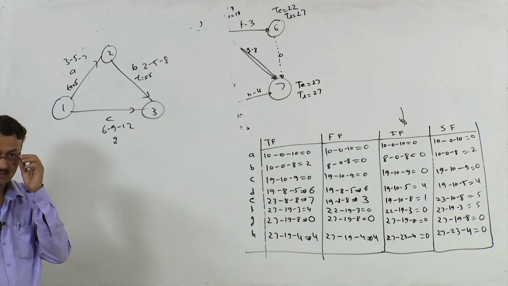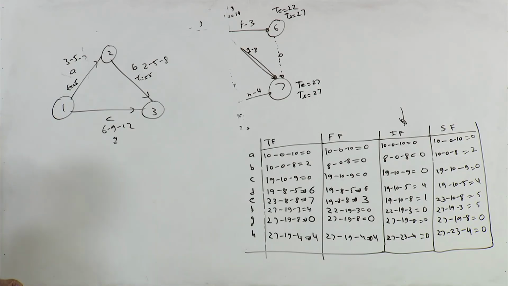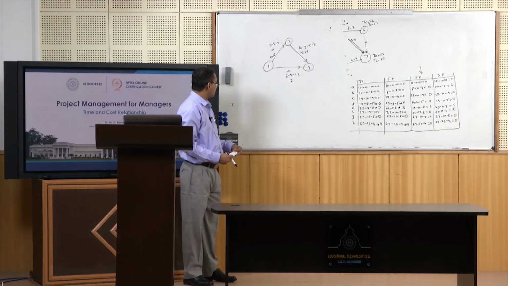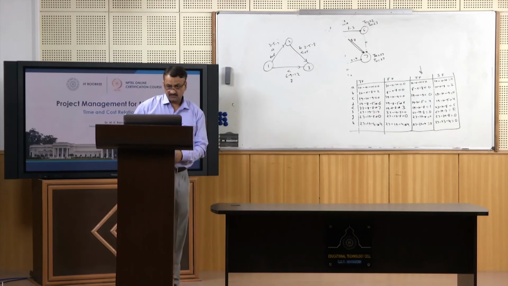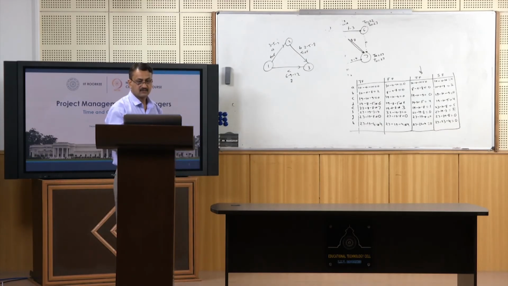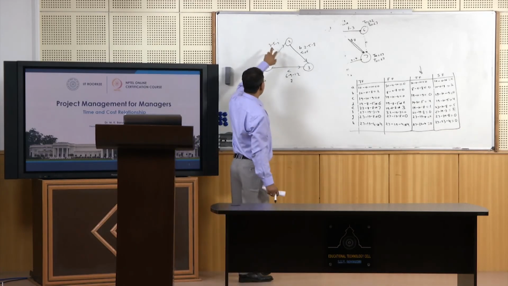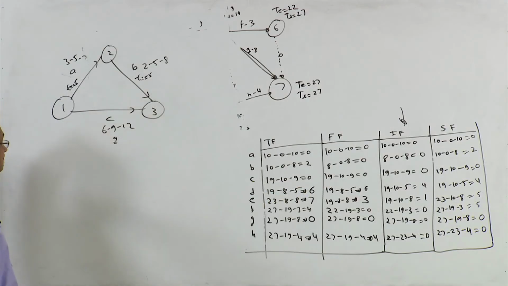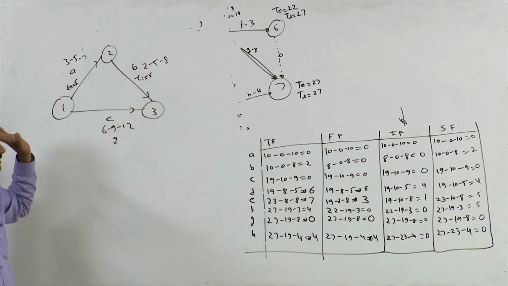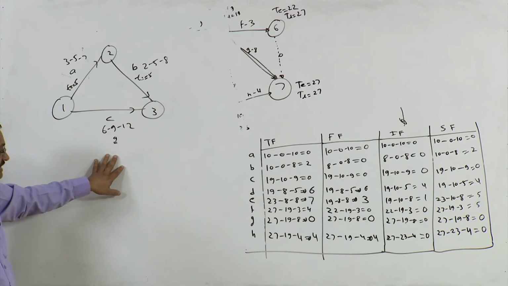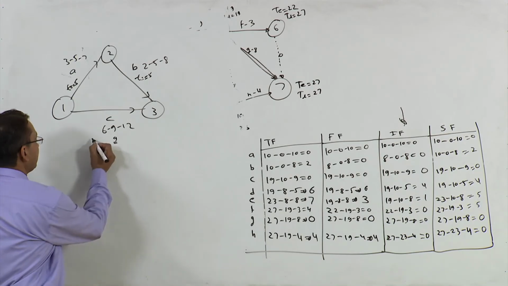But let's say you may have a situation where you are completing these two activities at their optimistic times, but you are completing this activity at its expected time, right?